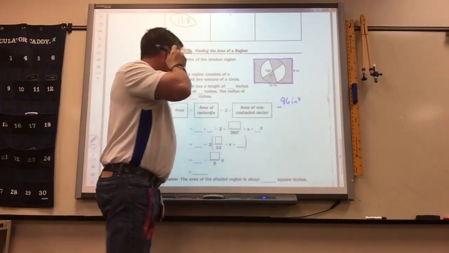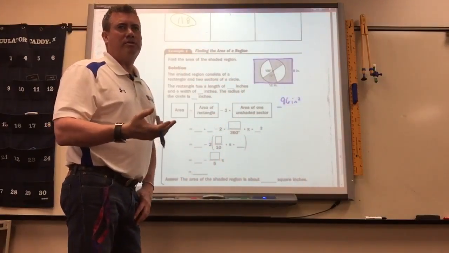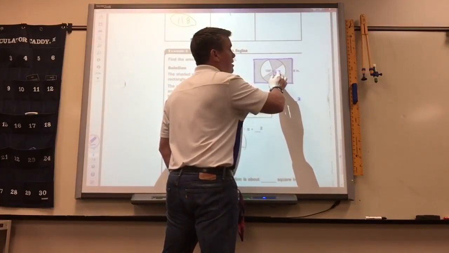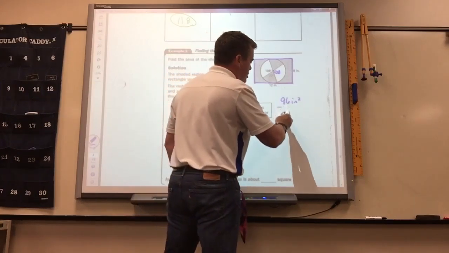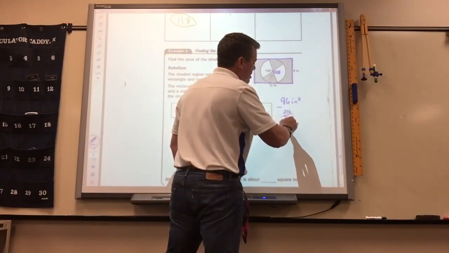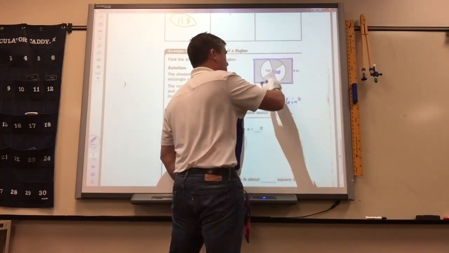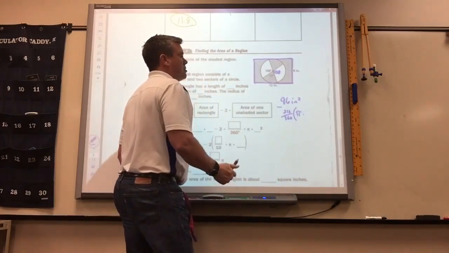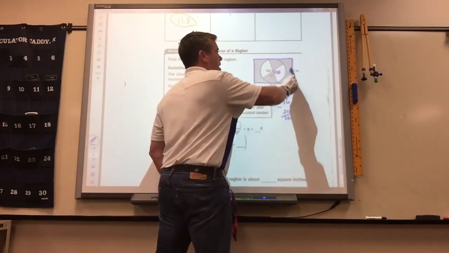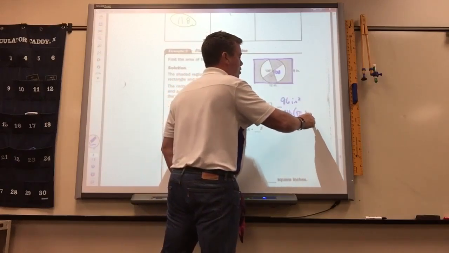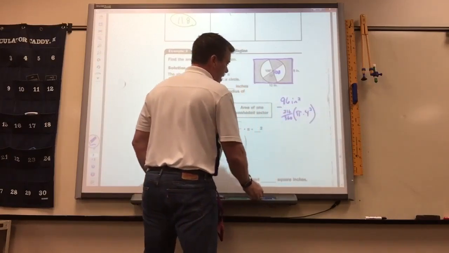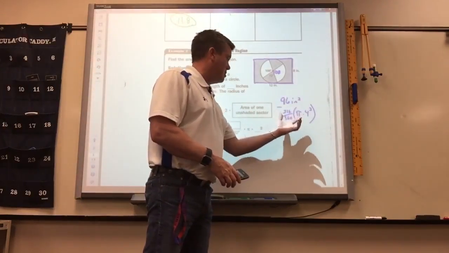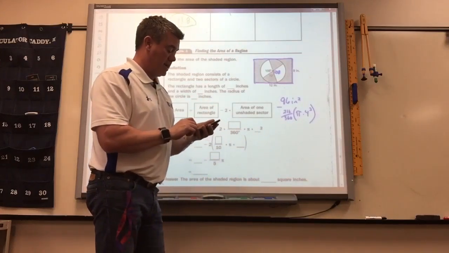So, you could find one and then double it, or you could just think of it as this is 216 degrees, right? So we got to subtract off 216 of the 360 degrees times pi times the radius. What is the radius of this circle? 4, because right here it's 8, so halfway would be 4 squared. So you could punch it in exactly like this, since this is all multiplied, and you'd get the right answer.